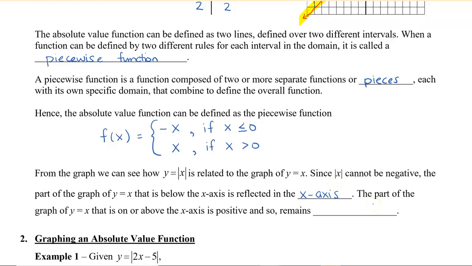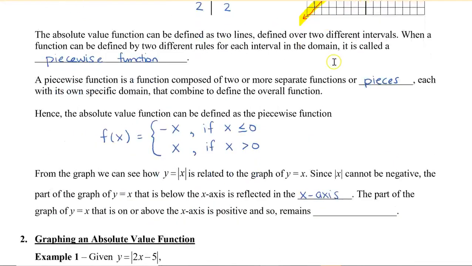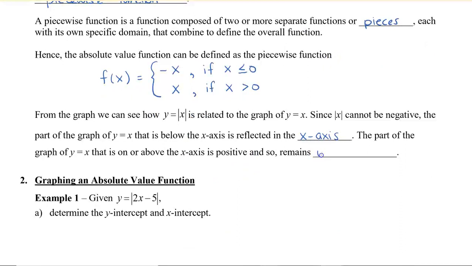And then the part of the graph of y equals f of x, this part here, which I'll highlight in pink, is already above the x-axis and is already positive, so that part actually remains unchanged. Or we can say that it stays the same.